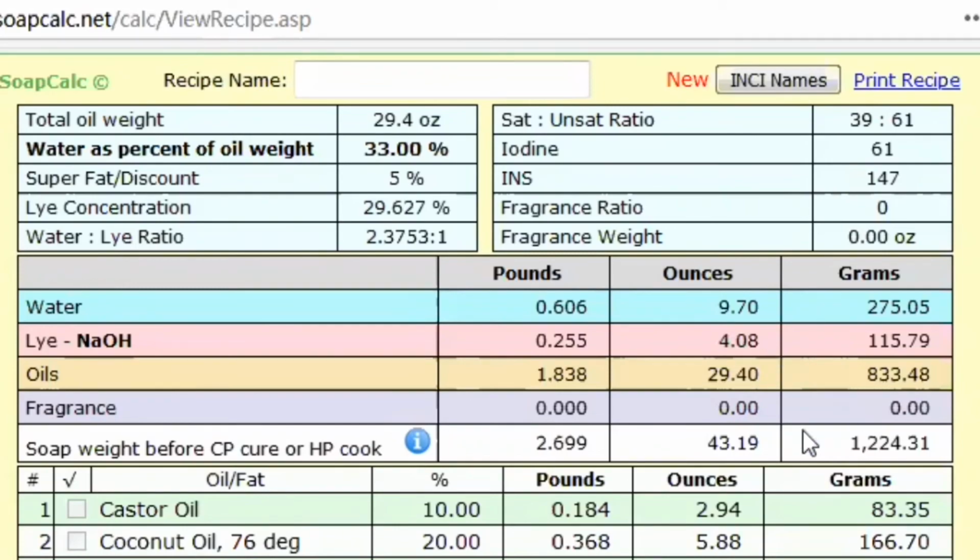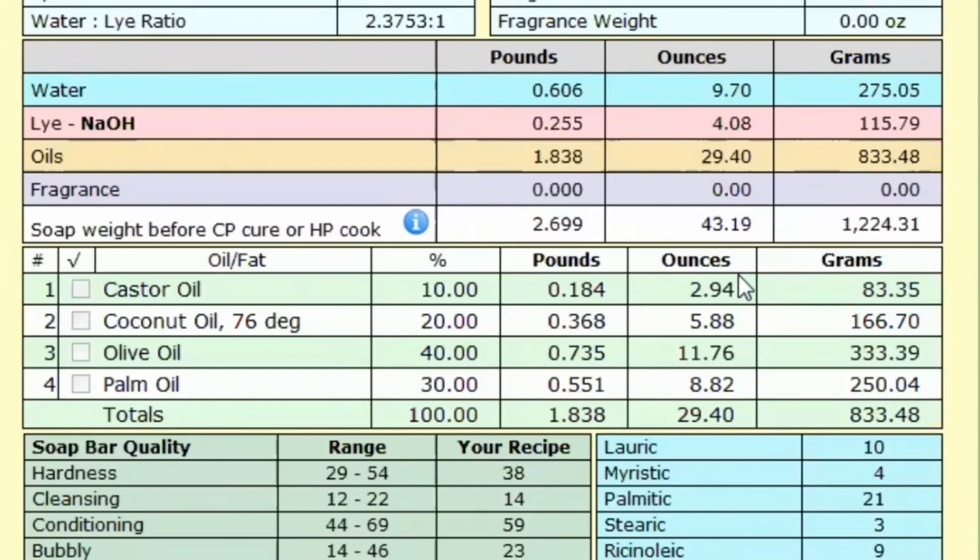Please, please, please, if you make any changes whatsoever, for example, if you take away 5% of your castor oil and add it to your palm oil, please be sure to enter this afresh in Soapcalc.